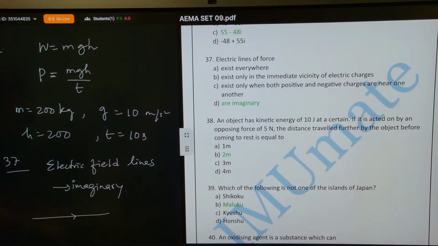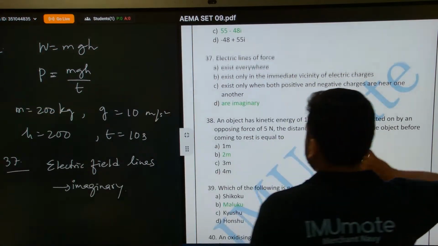What this line indicates is in which direction a positive charge would go. If you place a positive or negative charge, in which direction it would go, it just indicates that path, but it is imaginary. Now come to the next.